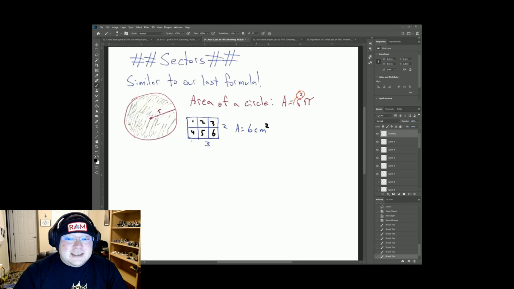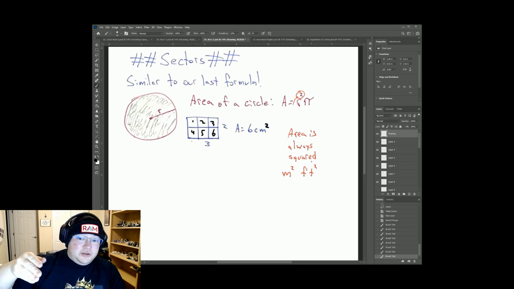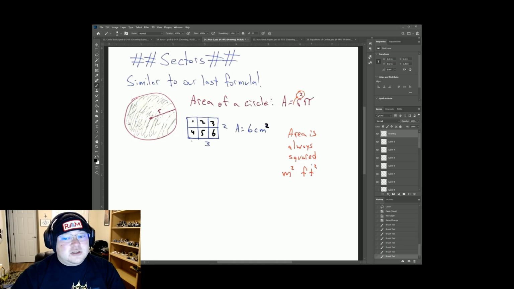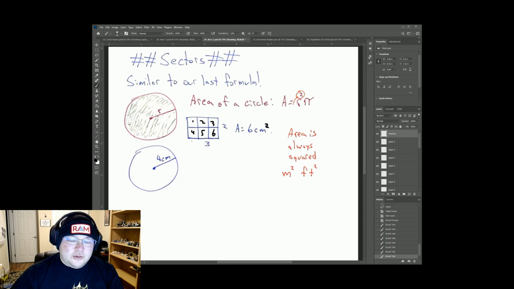So when I say centimeter squared, that literally means a square that's a centimeter by centimeter, and there's 6 of them. Area always is squared when you do that. So meters squared, feet squared, or you can say square feet or square meters, which is more common. It's very important that you realize that area is always squared.